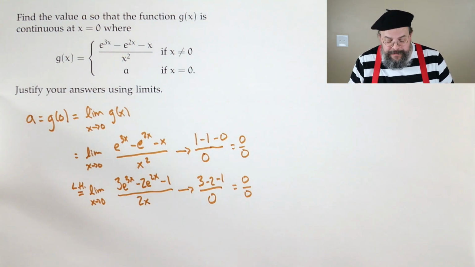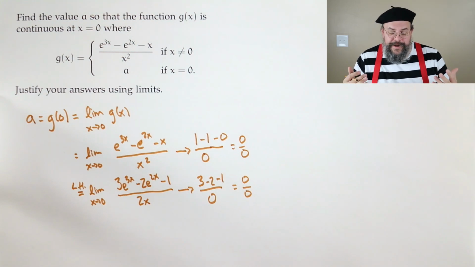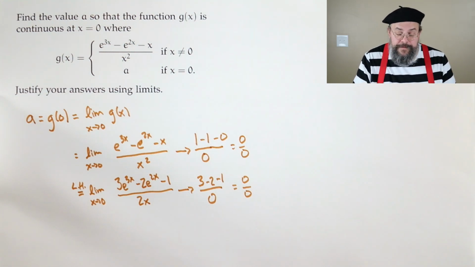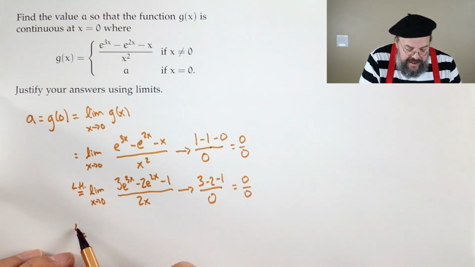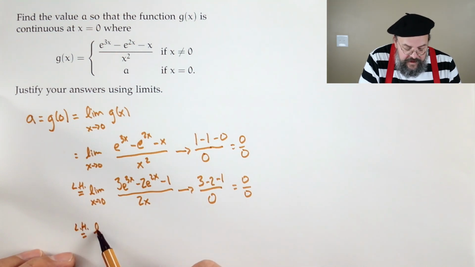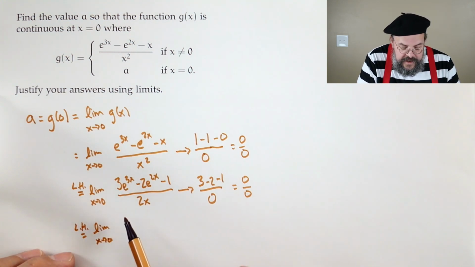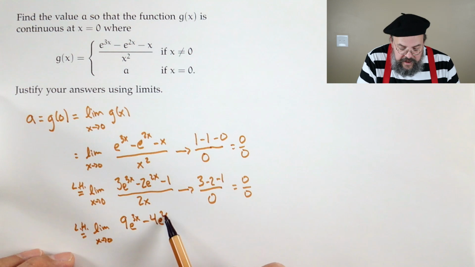Okay, well, that probably won't surprise us. Okay, so what's our more work? Well, l'hôpital. Okay, so we're going to apply l'hôpital again. So this will become our limit as x goes to 0. Okay, upstairs, 3 comes down again, 9e to the 3x. 2 comes down again, 4e to the 2x.